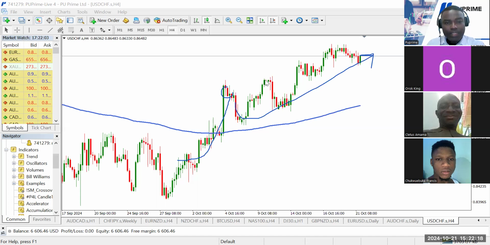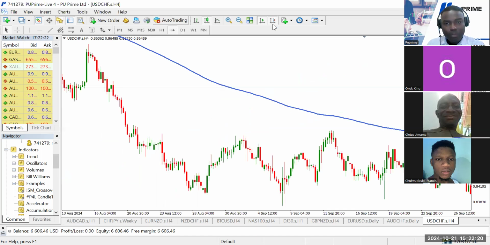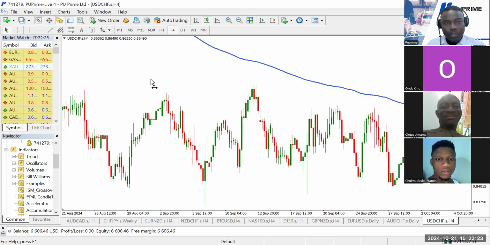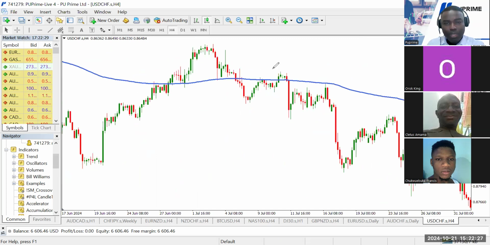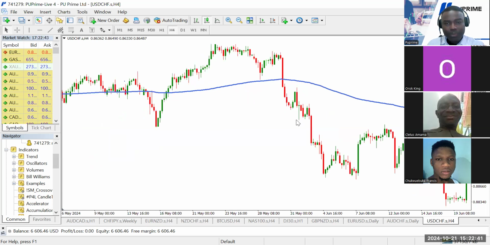And on the other hand, if you scroll backwards, we'll see at the point where price also broke out below the moving average, and that indicates when we have a bearish movement of price. Again, if you scroll backwards, we can still see a time when price breaks out below the moving average and it gave us a bearish movement.